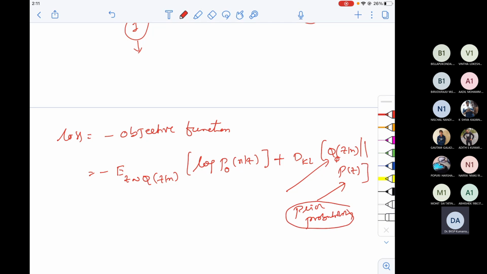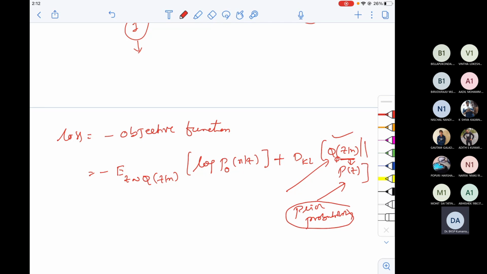Since this prior is known, you need to ensure that your inferred Q phi of z given x is very, very close to P of z. You need to reduce this distance so that your inferred distribution will be very close to the P of z distribution.